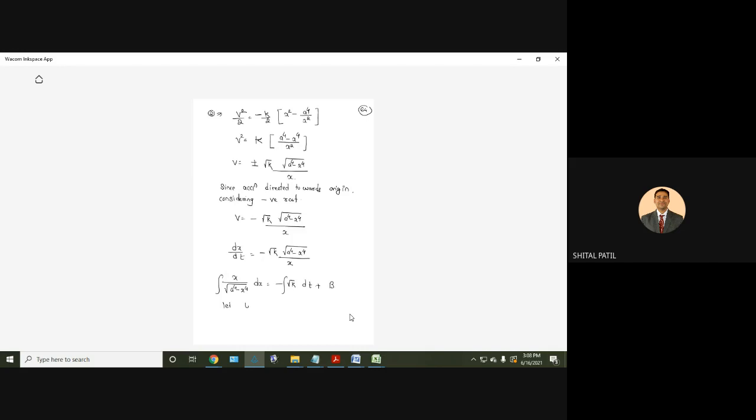Let u equal to x square. Substitute all these values, and can I go to the next page fast?